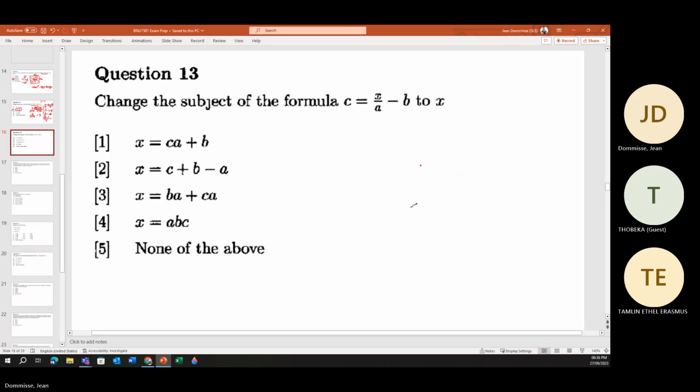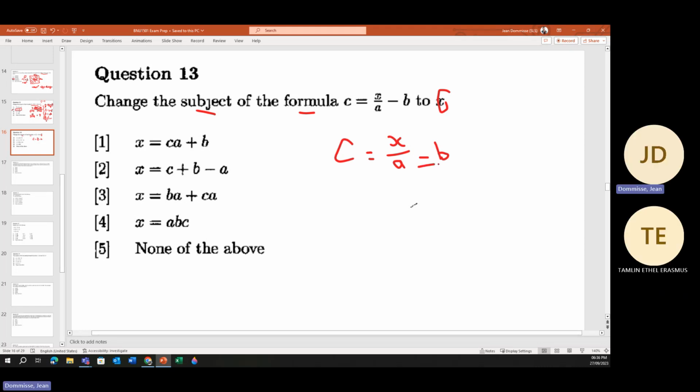So again, change the subject of a formula. So here we're sitting with C is equal to x over a minus b, and we want to change the subject to x. Okay, so the first thing I would do is get rid of a minus b.